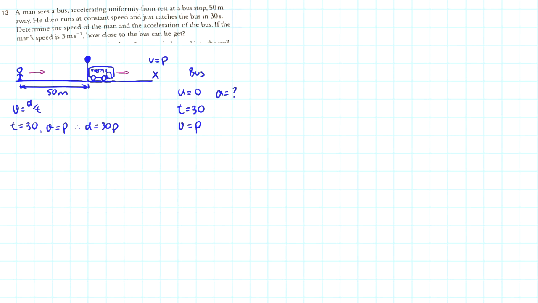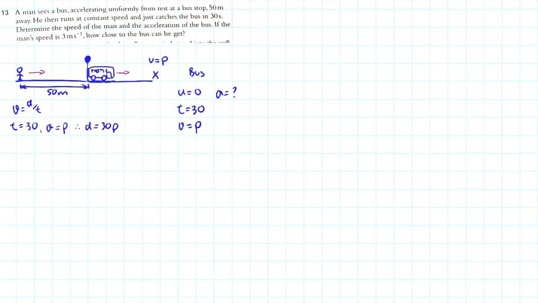The distance or displacement the bus travels is... the person is at the origin because we made him start at 0, and we said his distance is 30 times p, which is his velocity. So we put the origin back at the man.